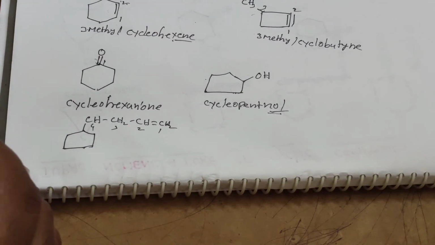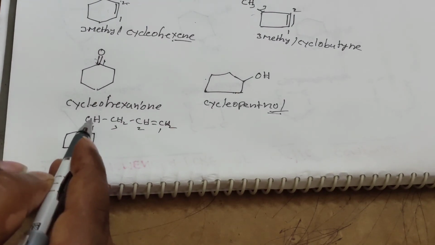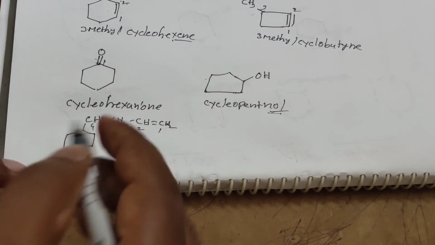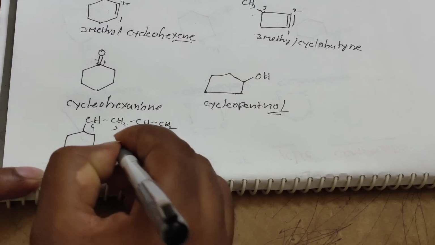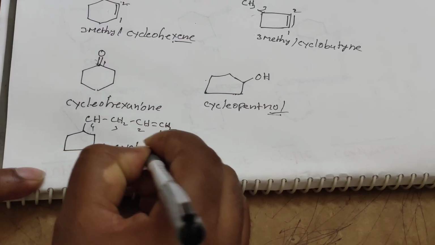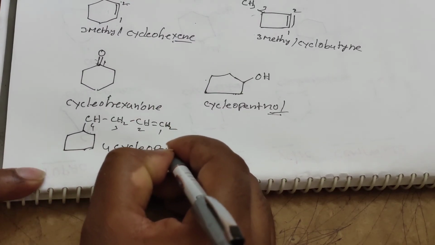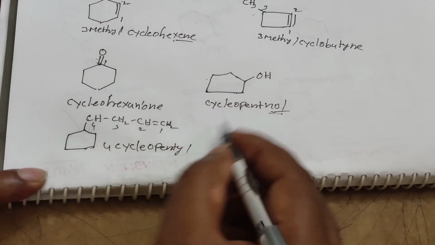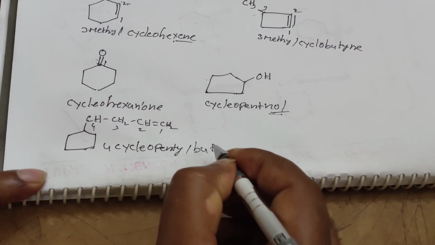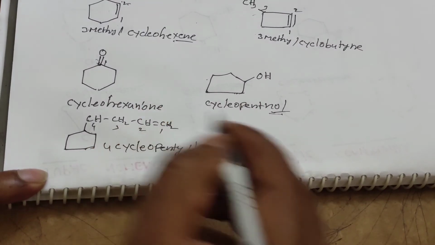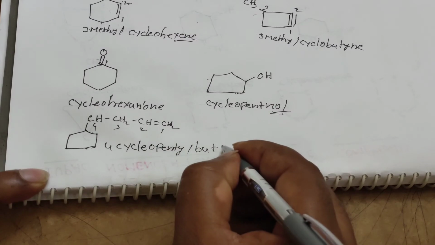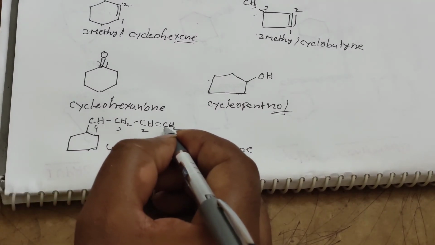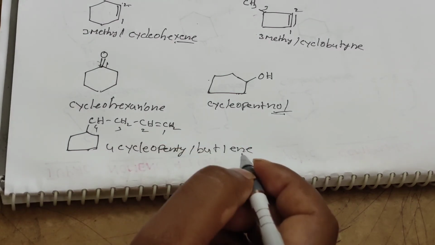So the name of the compound: in the fourth position they have the substitution. The substitution name is cyclopentane, so 4-cyclopentane. The root word is but, and between the carbons they have the double bond, so but-1-ene. Why? Because in the first carbon they have the double bond, that's why I am writing but-1-ene.